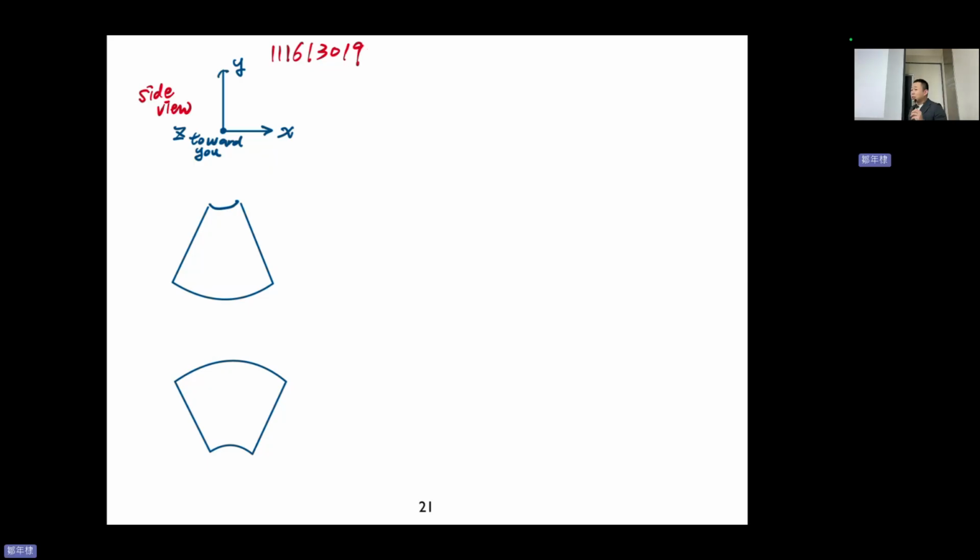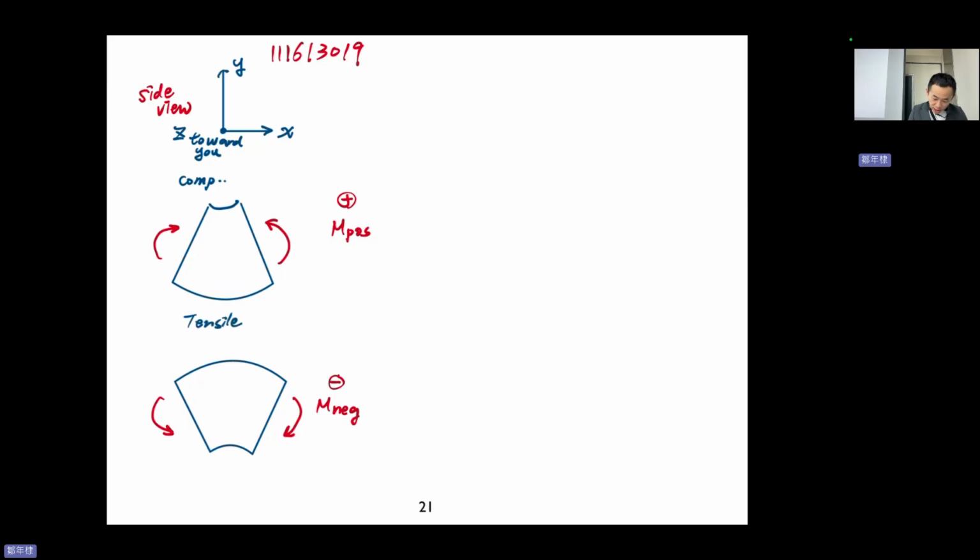Okay, we are going to examine M positive or M negative. So you can imagine that this is side view, right? So it will make a smiling curve for the positive and a frowning curve for negative. And of course, here will be compression, right? And here will be tensile.